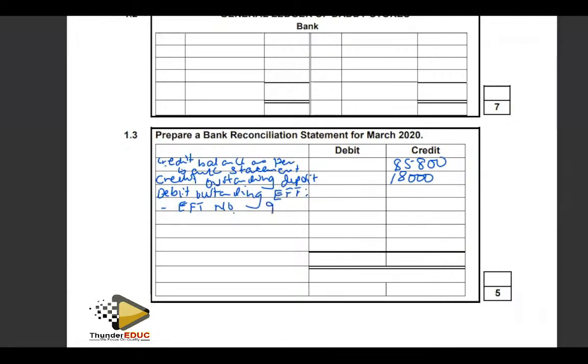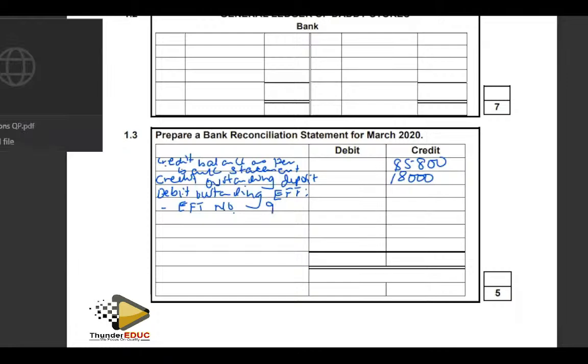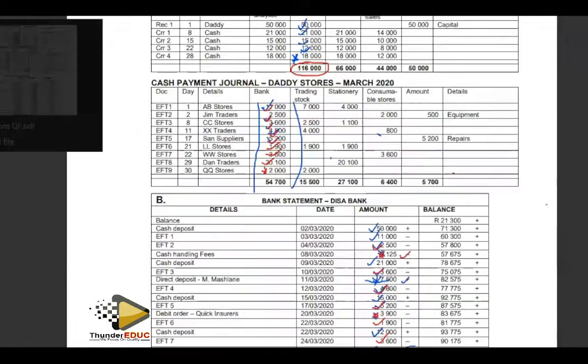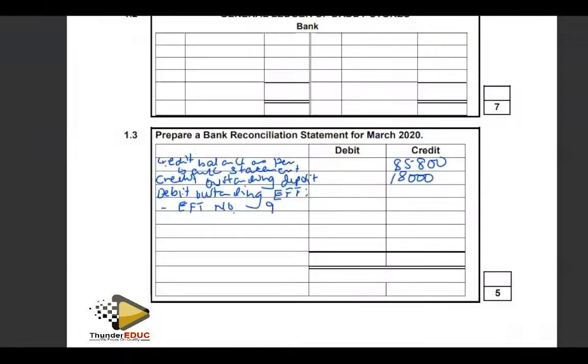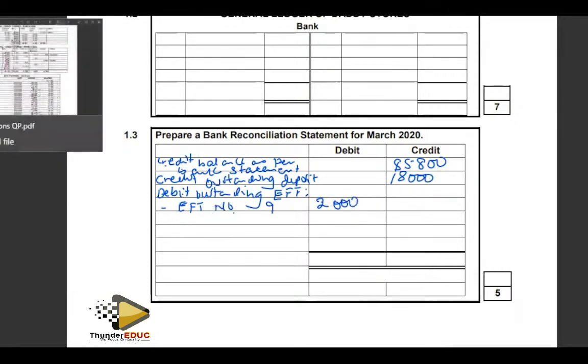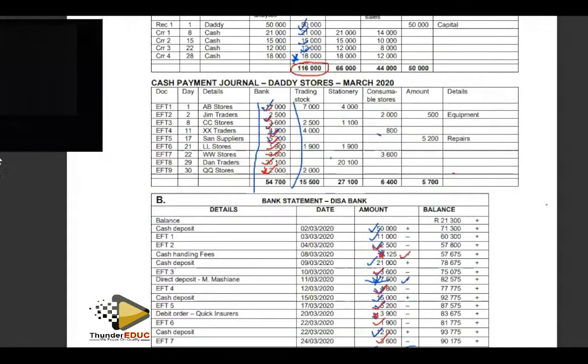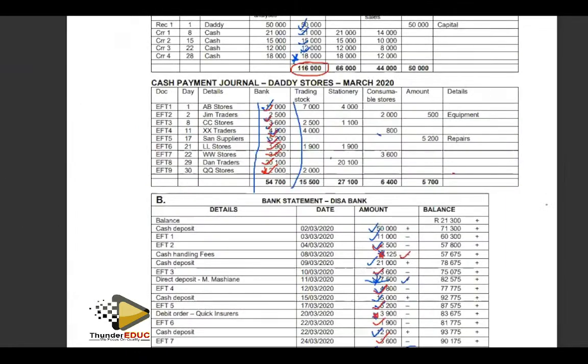How much was it for? Let me check. It was for 2,000 Rand, okay? So after recording it, now I'm taking it off to say that, no, I'm sorted with you. So remember, we are paying, so we have to debit, okay? Then, is there anything? So after dealing with it, I'm going to come to that information which talked about it and sort it out, take it off, okay?